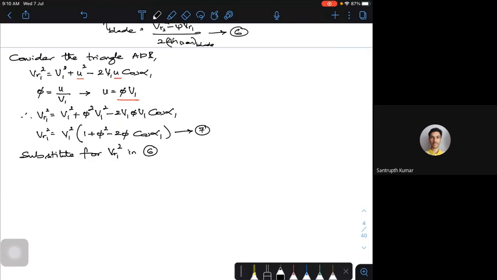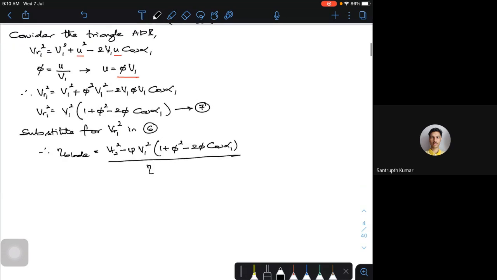So what will happen to your blade efficiency? Your blade or vane efficiency is equal to VR2 square minus psi into V1 square into 1 plus phi square minus 2 into phi into cos alpha 1, whole thing divided by 2 times your isentropic enthalpy drop for the blade or vane.